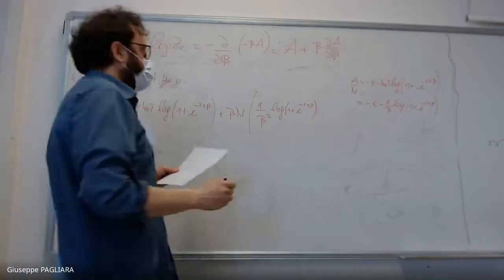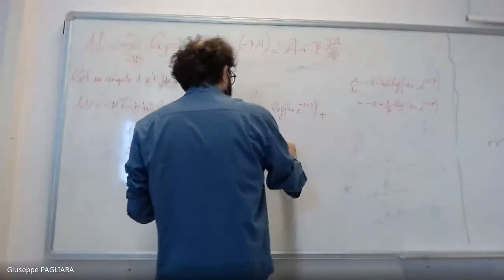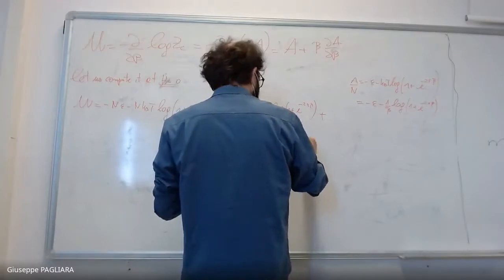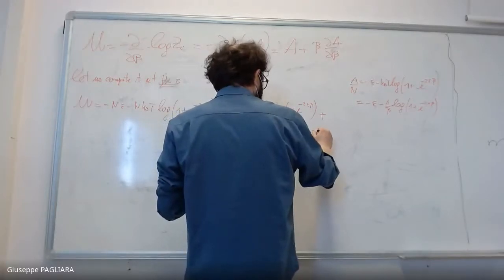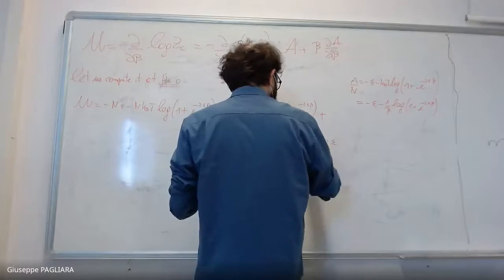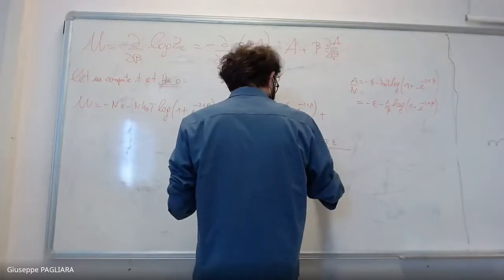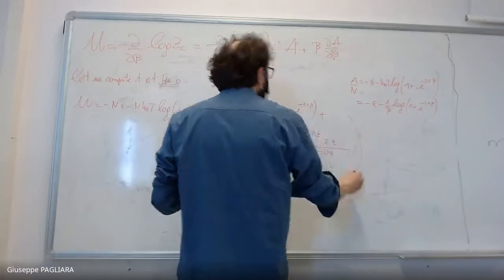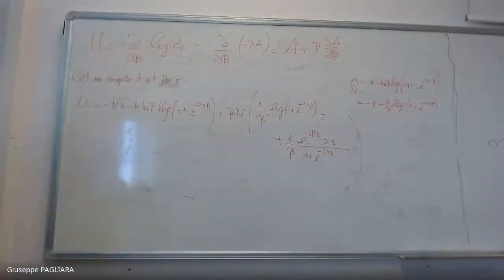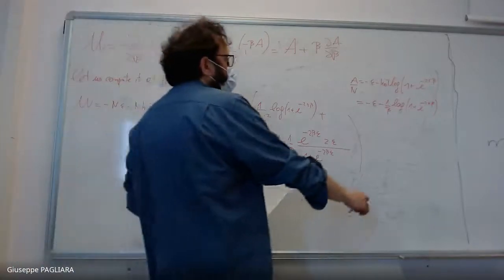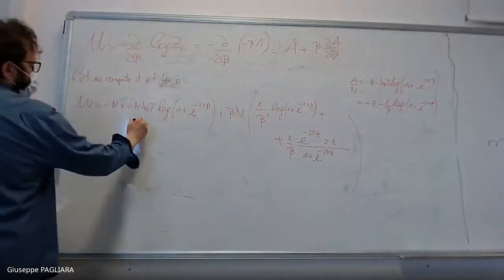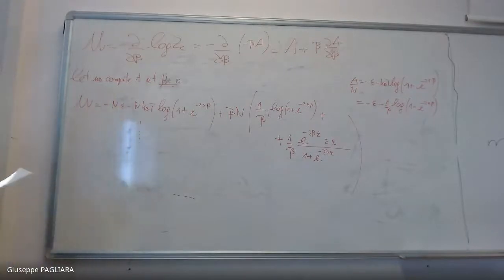Then I have the other term, 1 divided by beta, and I need to do the derivative, giving 2 epsilon, and here I have 1 plus e to the minus 2 beta epsilon. That comes from the logarithm here. Okay, so this is just really computing.